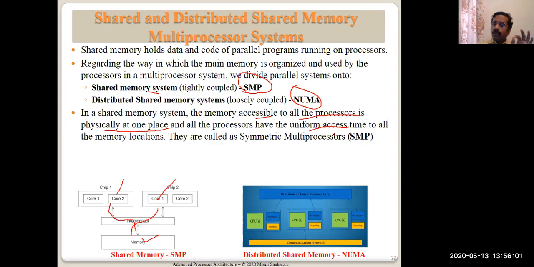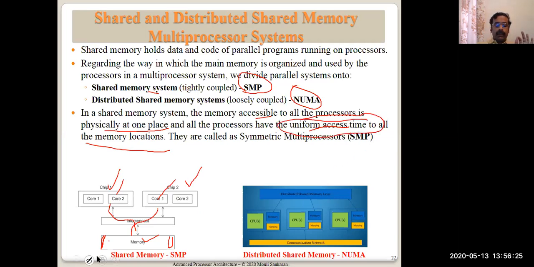That is why there is uniform access time to all the memory locations. Remember, whether you are accessing the first address or the last address, it doesn't matter. Whether this processor is accessing or this processor is accessing, there is no difference. It will have the same uniform access time.